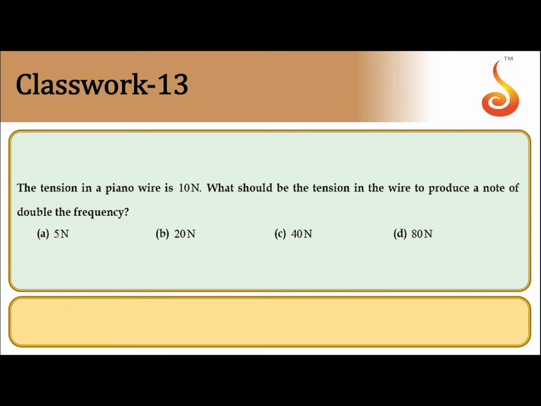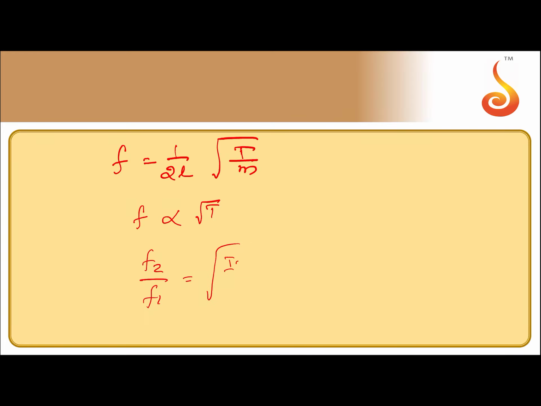Example 13. The tension in a piano wire is 10 Newton. What should be the tension in the wire to produce a note of double the frequency? You know that the frequency is given by 1 by 2L square root of T by m, where m is the mass per unit length. This is applicable in the case of a stretched string. So notice that frequency is directly proportional to root T. So f2 divided by f1 is equal to square root of T2 divided by T1, or f2 is equal to f1 into square root of T2 divided by T1.